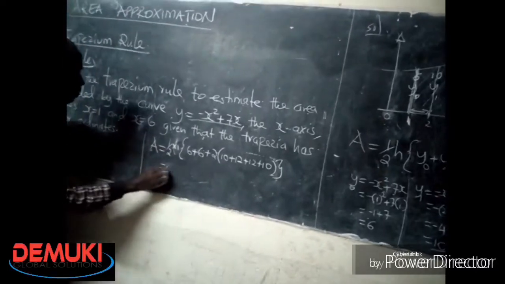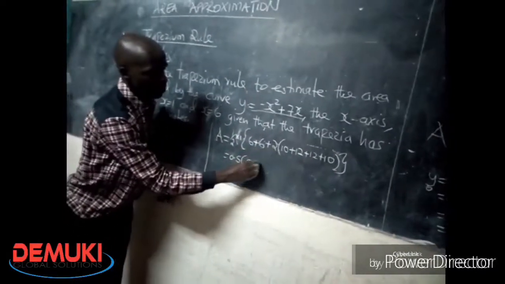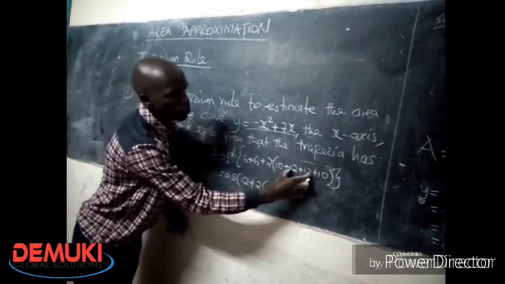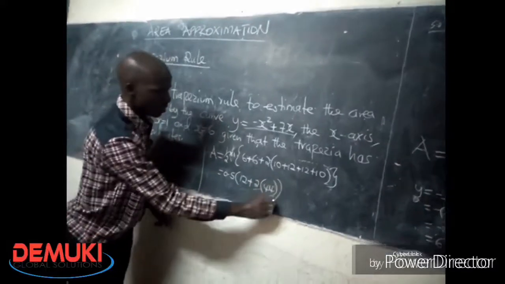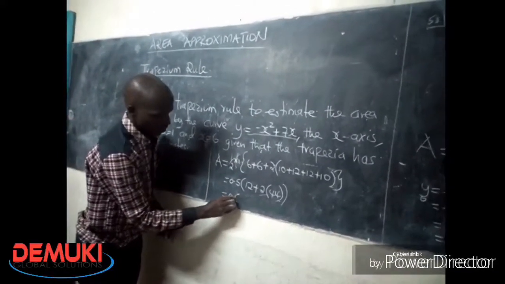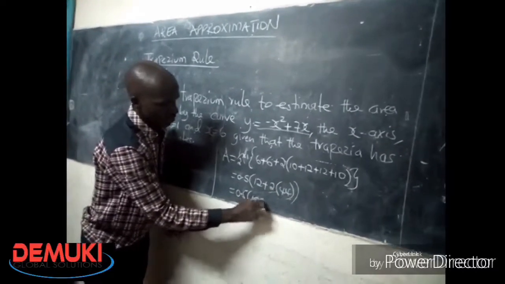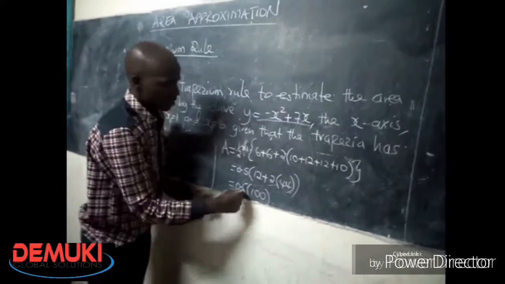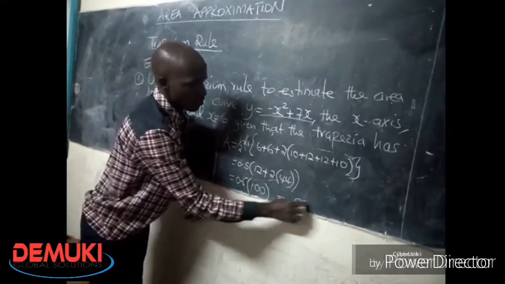So this is 0.5 into, this is 12, plus 2 into, this is 24 plus 20, 44, right? 0.5 into 88 plus 12 is 100. So 100 times 0.5 gives us 50.